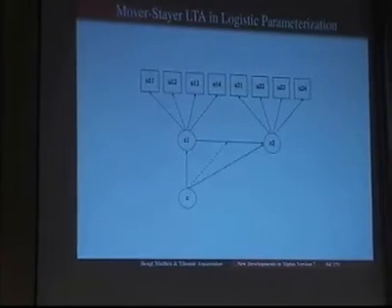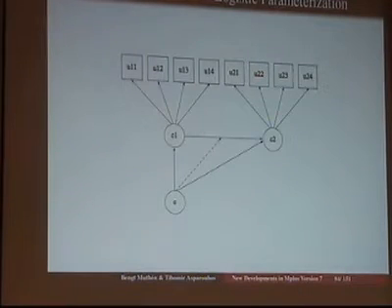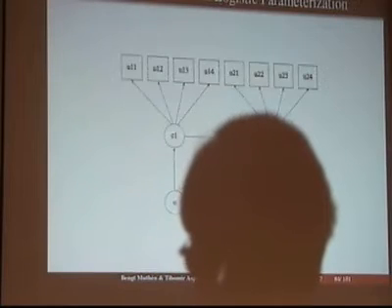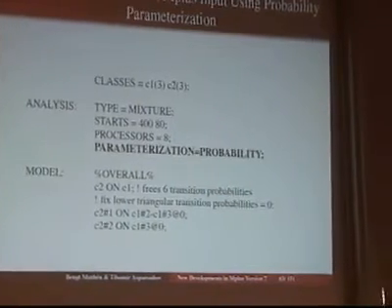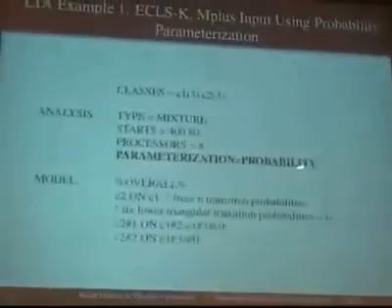We are in the Kaplan example, and we are interested in this model. And we are going to use a probability parameterization. Let's see, why does it say logistic parameterization there? Well, I guess my idea was to first talk about the probability parameterization for Kaplan's example and then go on. That's how it flows. So in the Kaplan example, we consider 2 time points, C1 and C2, and we say parameterization equal probability.